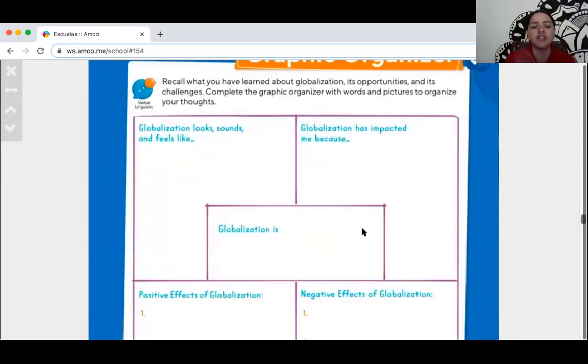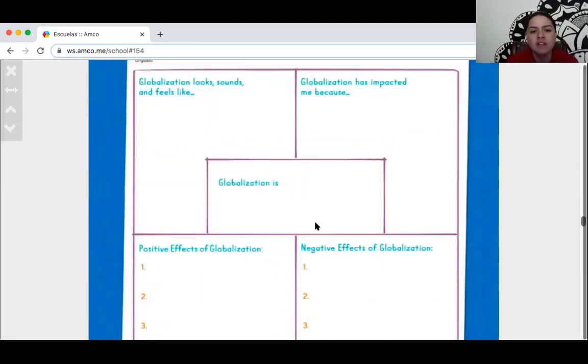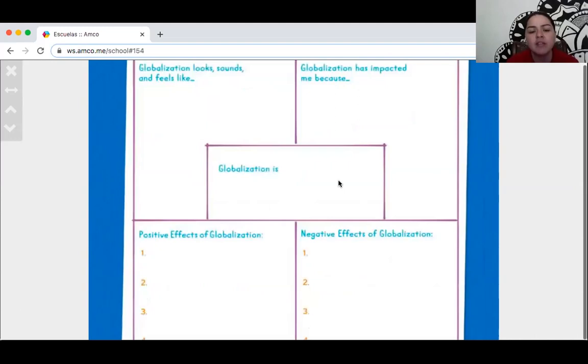You must think on this page, okay? It says, recall what you have learned about globalization, its opportunities and its challenges. Complete the graphic organizer with words and pictures to organize your thoughts. Okay, what is globalization? You must put here in your own words what you understand globalization is.